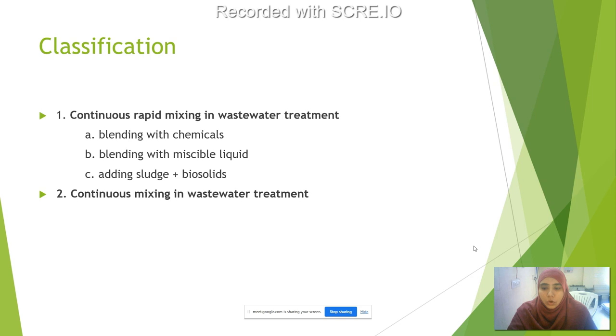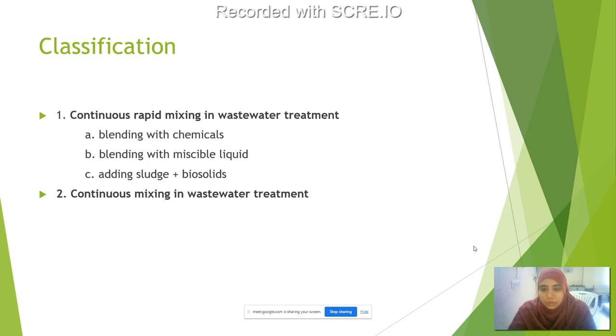The principal applications of continuous rapid mixing: first is blending of chemicals with wastewater, that means the addition of alum or iron salt to settle, or dispersion of chlorine and hypochlorite into wastewater for disinfection. Second is blending of miscible liquids.